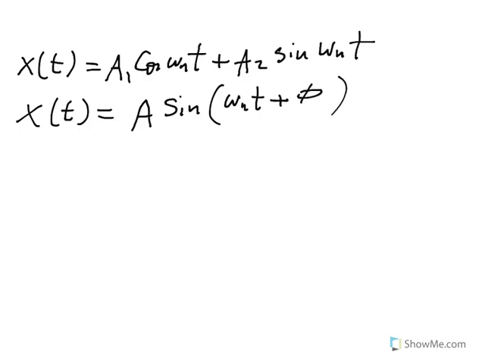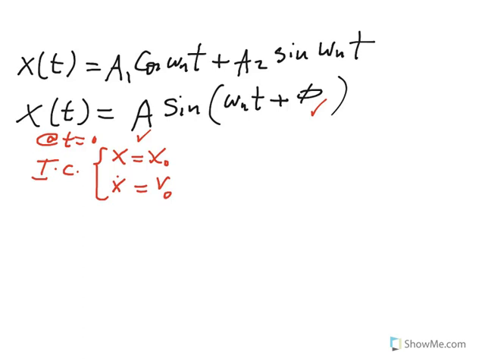So the next step is to find A and phi. A and phi are determined based on the initial conditions. And the initial conditions are typically the initial position. So at t equals 0, x equals x0, and the derivative must be the initial velocity.